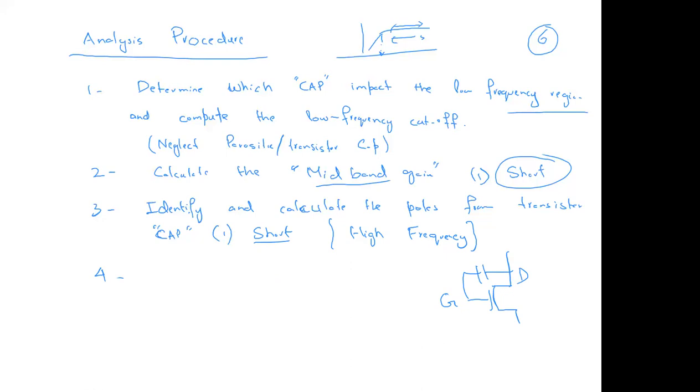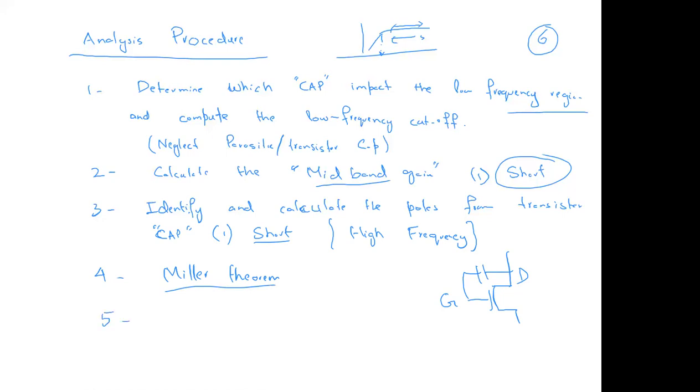So we'll make sure that all those capacitances before we move toward the Bode plot are between a specific node and a ground. So we'll use Miller theorem to find equivalent capacitances for all of those nodes.